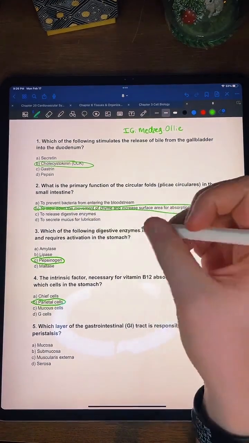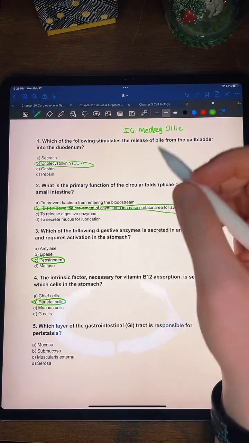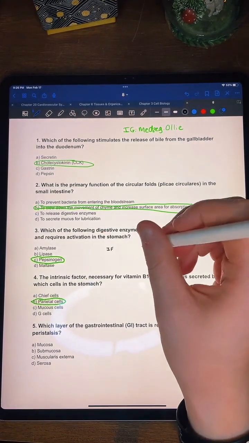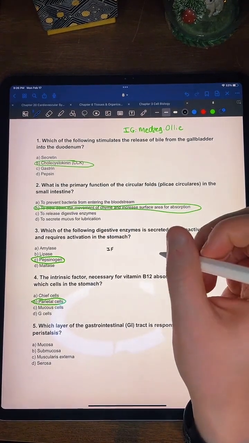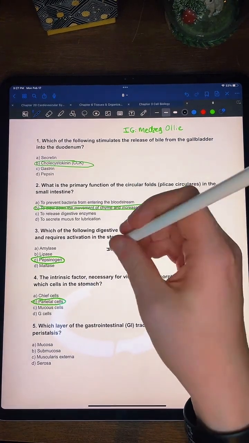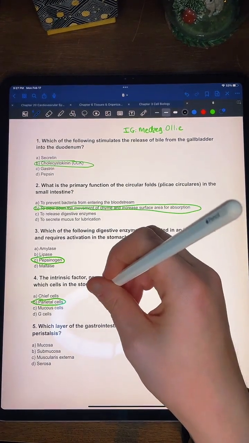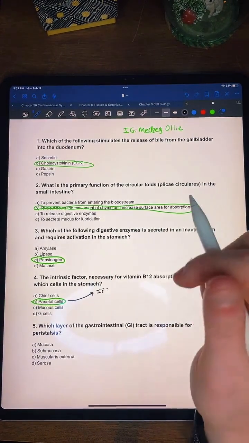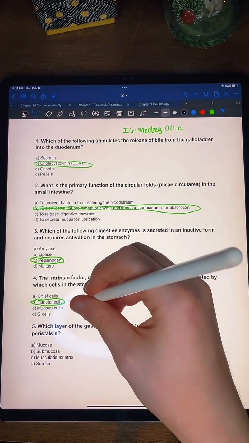Essentially here for number 3, we have IF, which is a glycoprotein, and it's secreted by parietal cells in the stomach.